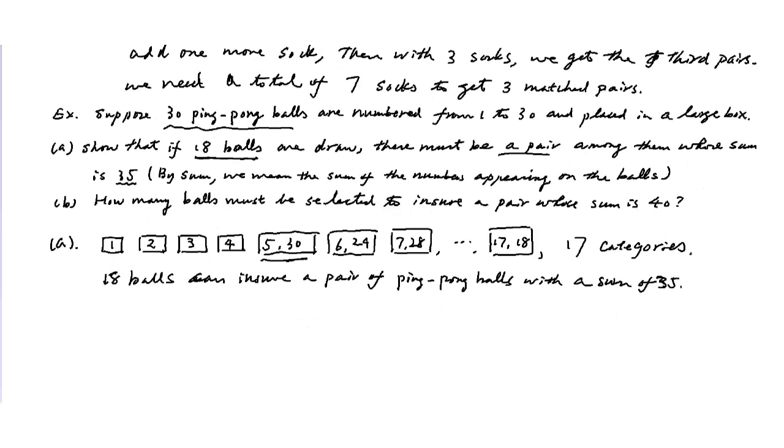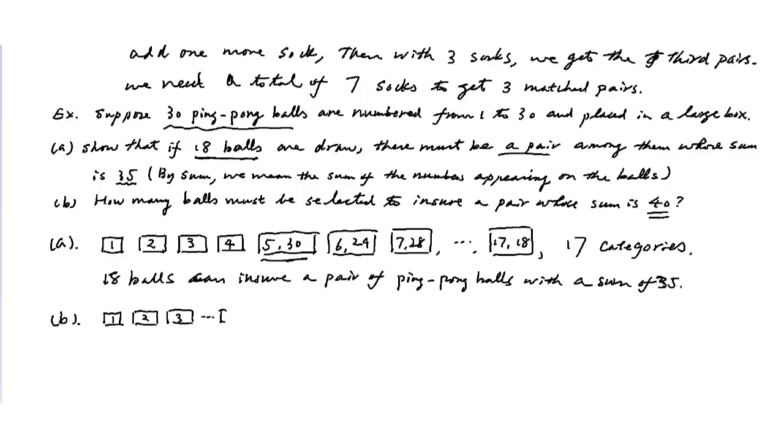Similarly for question B, now we want a sum of 40. If you look at the ping pong ball with number 1, that does not make 40 with any ball. Number 2 does not make 40 with any. Number 3 does not make 40 with any.